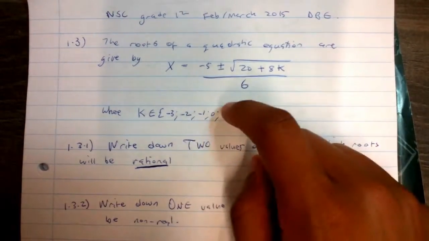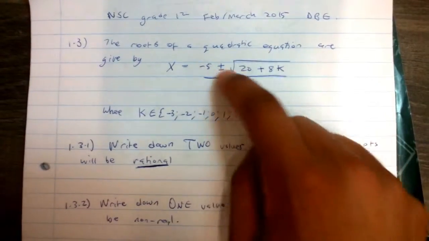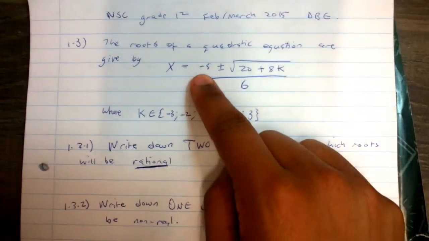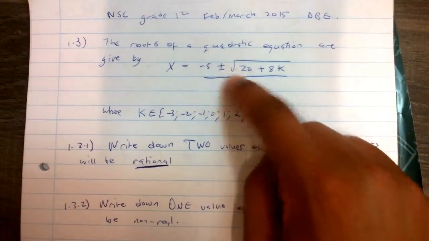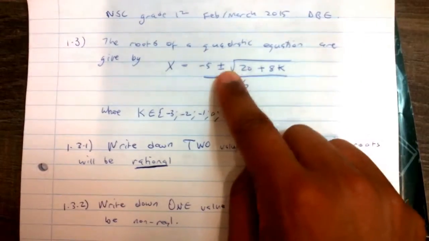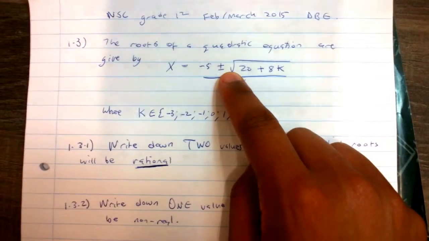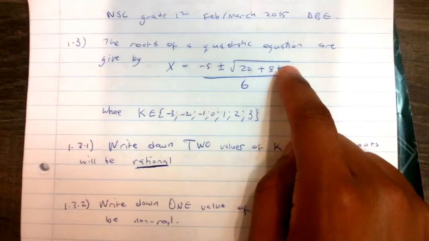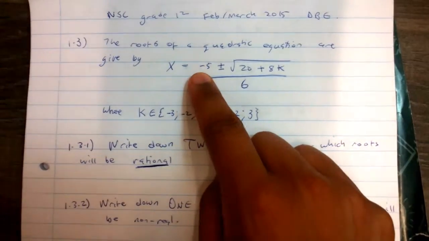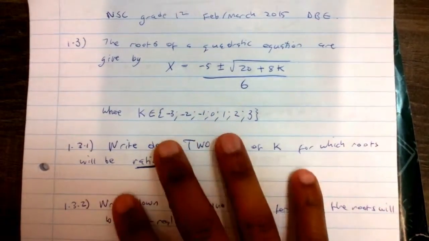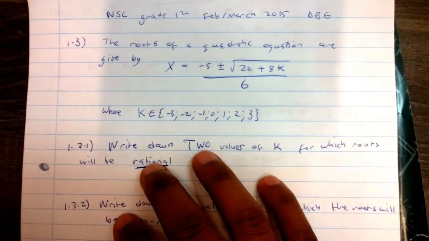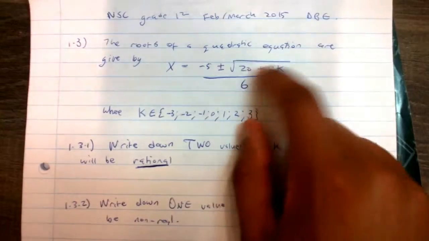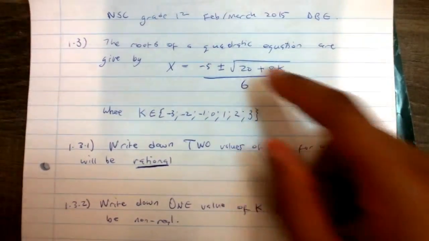So we're only going to focus on the numerator. 5 is a natural number, plus minus, so this whole expression will also be a natural number if this root of 20 plus 8k is natural, because 5 is also natural. So this is equivalent to finding values of k such that this root of 20 plus 8k, only this part of the equation, is natural.